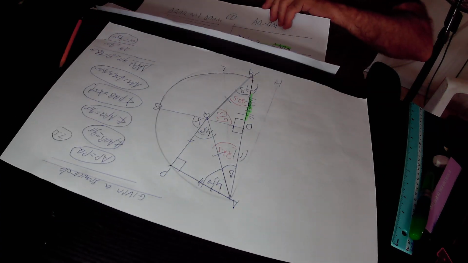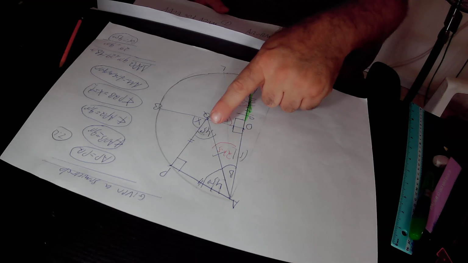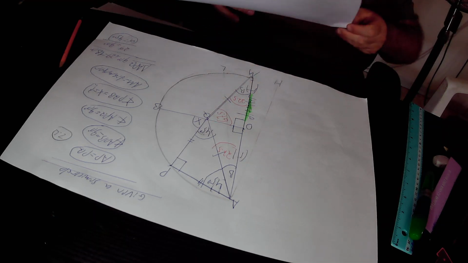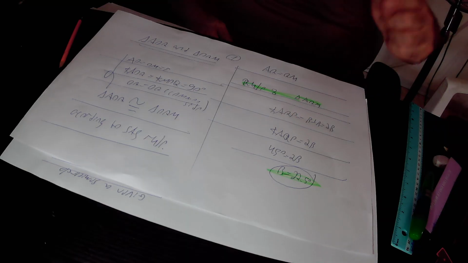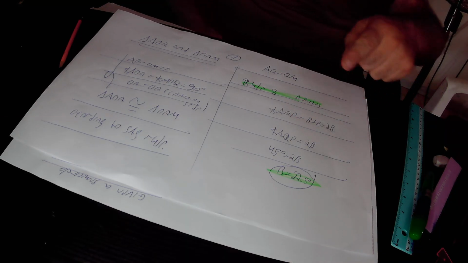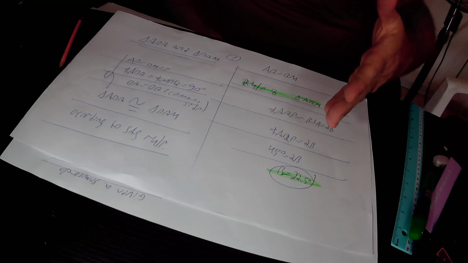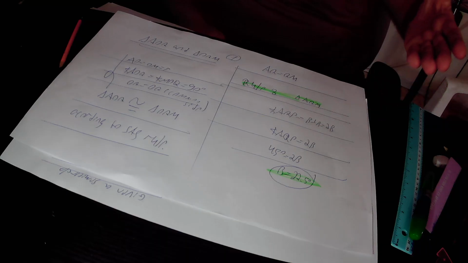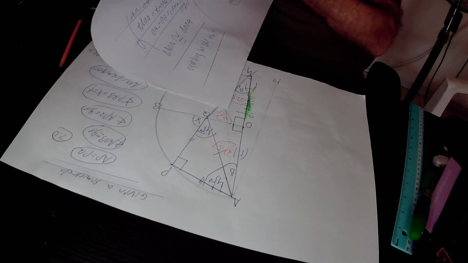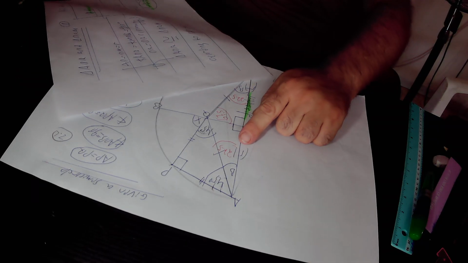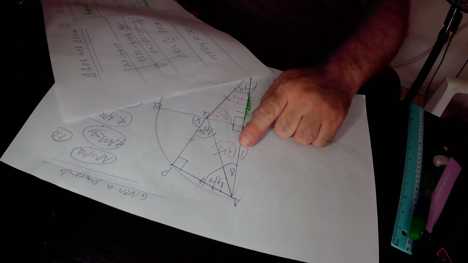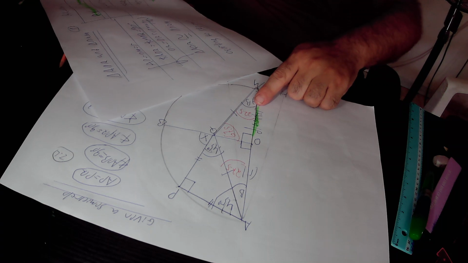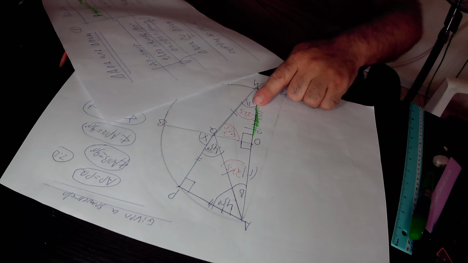But we have found that the size of the exterior angle AQP is equal to 45 degrees. So we can substitute angle AQP by 45 degrees. So 45 degrees equals 2 beta. Here we divide the equation by 2 and find that beta equals 45 degrees over 2, which is 22.5 degrees. So this angle beta is equal to 22.5 degrees in size, and this is also angle beta that is equal to 22.5 degrees in its size.